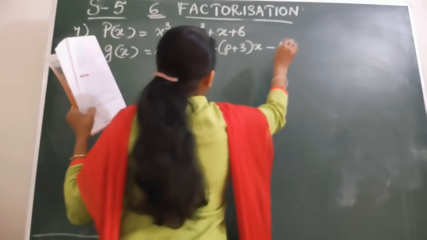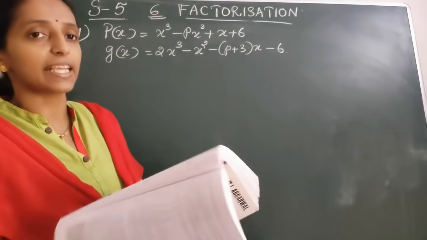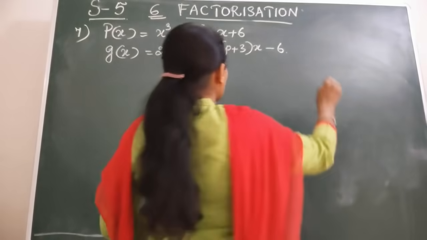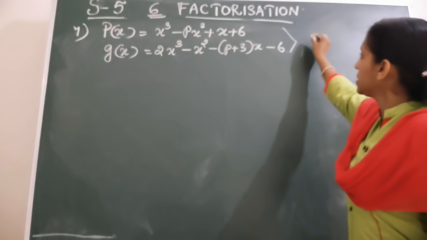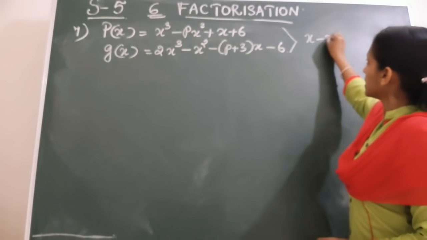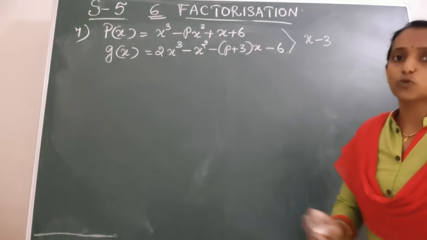These two polynomials we are going to divide with x minus 3.